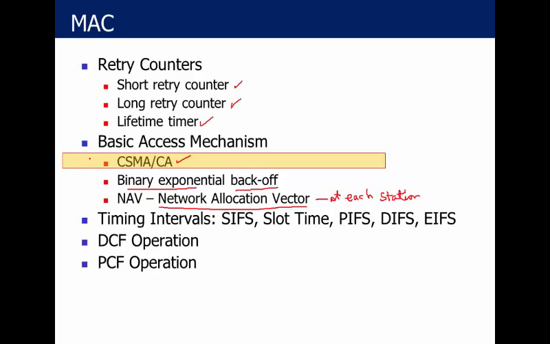To control all these concepts, there are timing intervals. SIFS, basic slot time. If you set the basic slot time to, for example, 1 microsecond, then depending upon this slot time, SIFS is double, DIFS times 4, EIFS times something, PIFS something. There's an IFS.